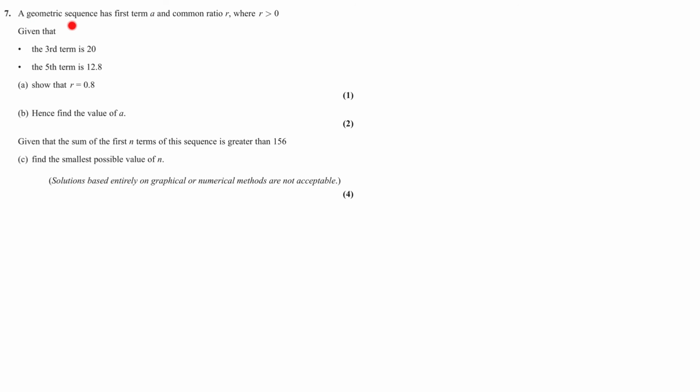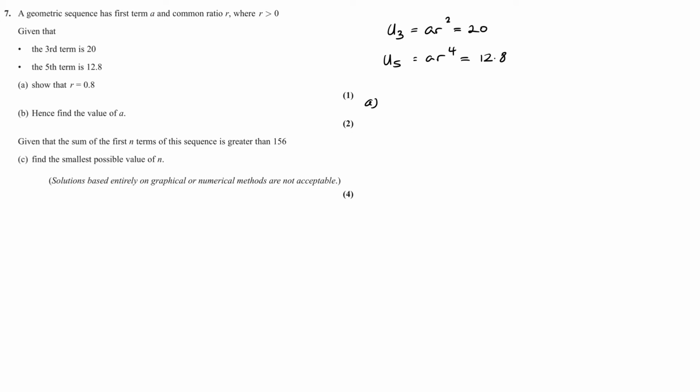Here we have a geometric series. First term is a, common ratio is r, r is greater than 0. So we have the third term, which would be ar squared, and that is equal to 20. And the fifth term, ar to the power 4, and that is 12.8.